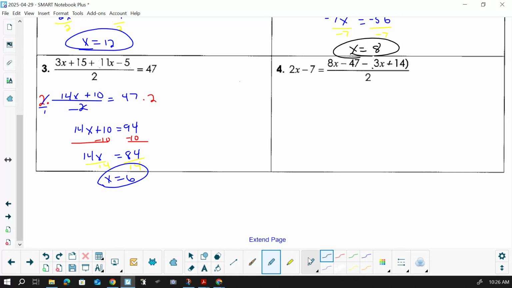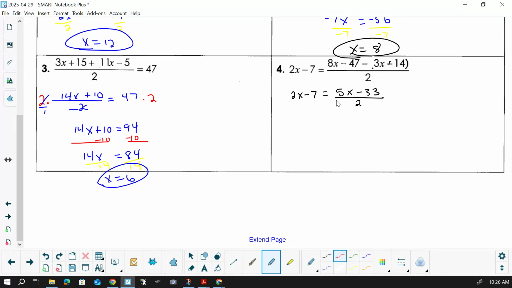Okay? All right, so now we're going to combine some terms that are alike. 2x minus 7, nothing's going to happen with it. 8x minus 3, that'd be 5x. Negative 47 plus a 14 is a negative 33.